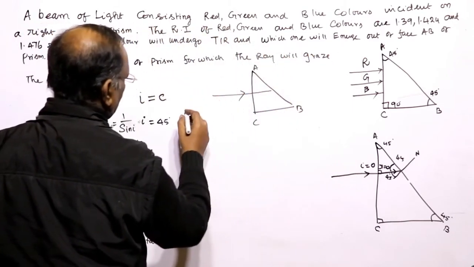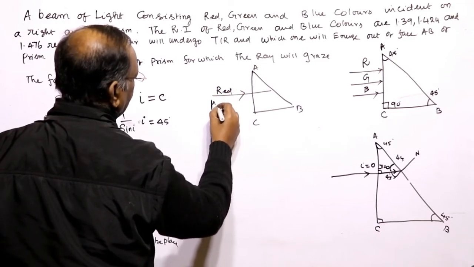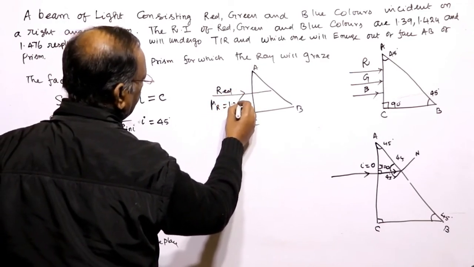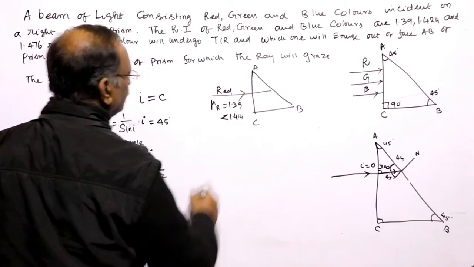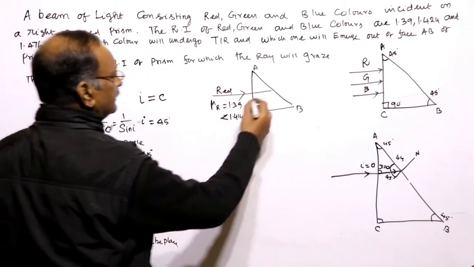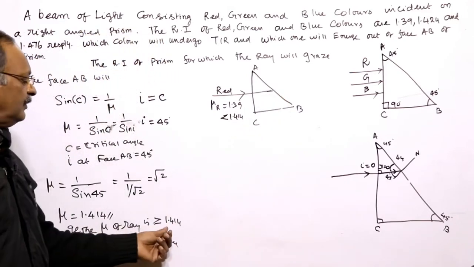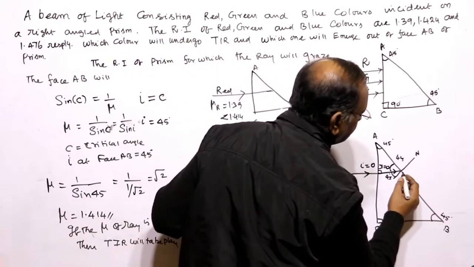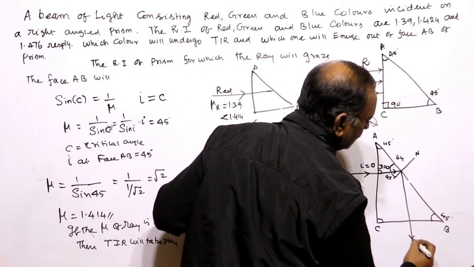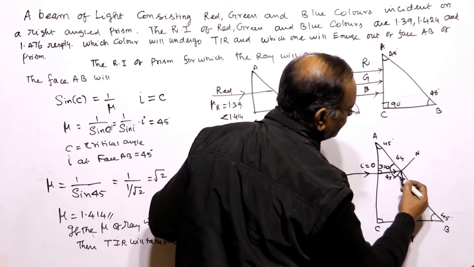We know the refractive index of red is 1.39, which is less than 1.414. It means the minimum refractive index should be 1.414 for total internal reflection to take place like this. If this is 45, this will also be 45.